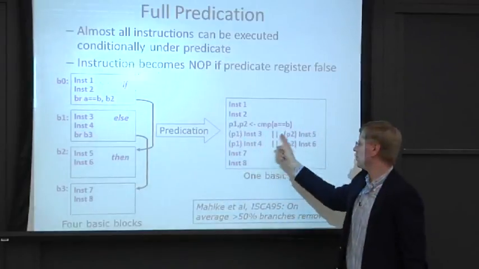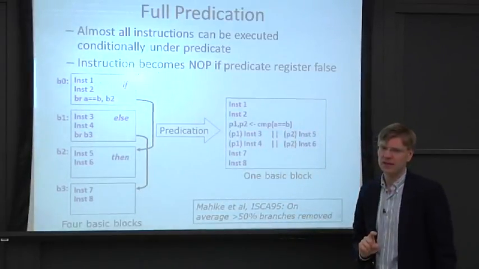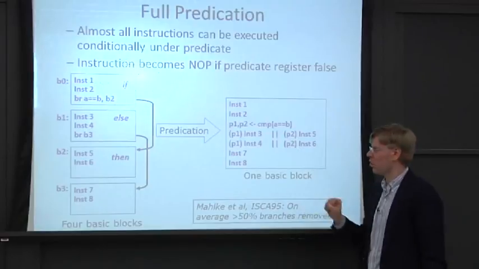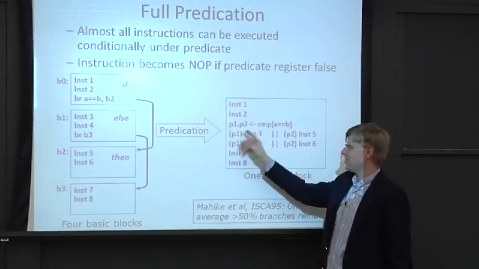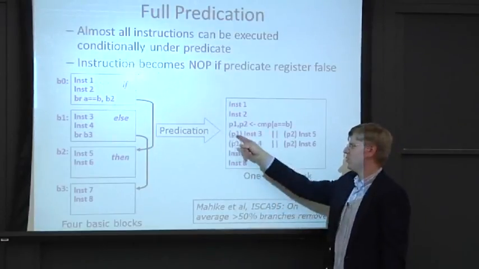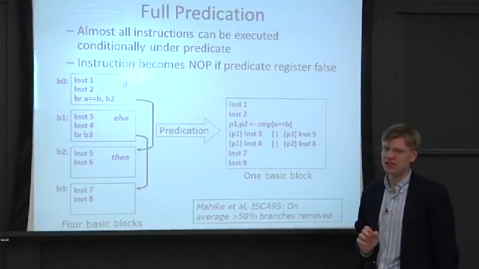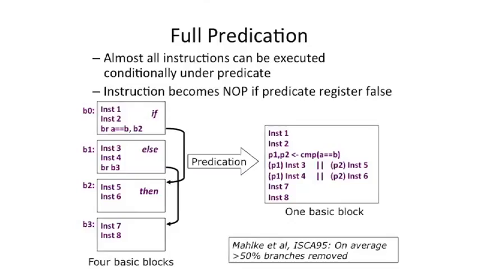But instead, we added some extra words in front of them, these parentheses with P's in front of it. These are predicate registers. So we're going to add a second register file into our processor where we can store effectively 1-bit values, true or false values, that are going to determine whether this instruction executes or doesn't execute.